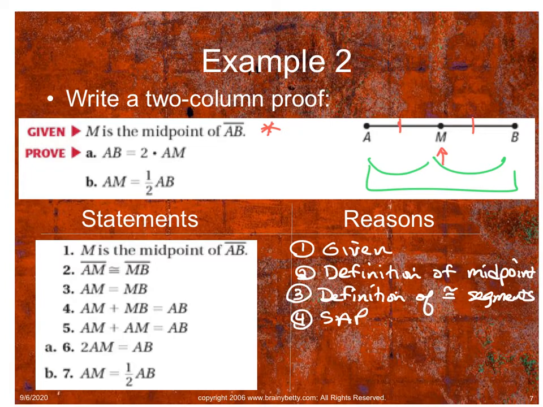Now, in step 5, what they've done is they've taken out MB and replaced it with what MB equals, which is AM. And this is a substitution. I couldn't do a transitive here.